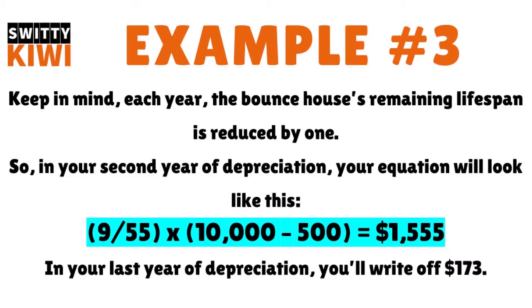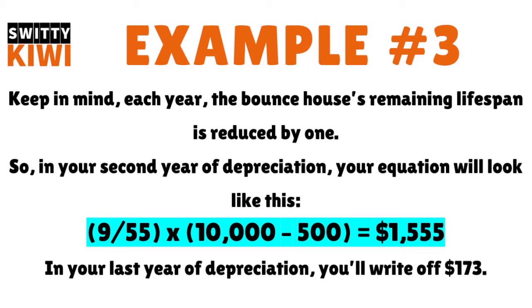So that's basically you take 10,000 minus 500. Okay, so the salvage value is 500, not 1,000. So you take 10,000 minus 500 times 10 divided by 55. Okay, and the amount is $1,727. So for your first year, you will write off $1,727.